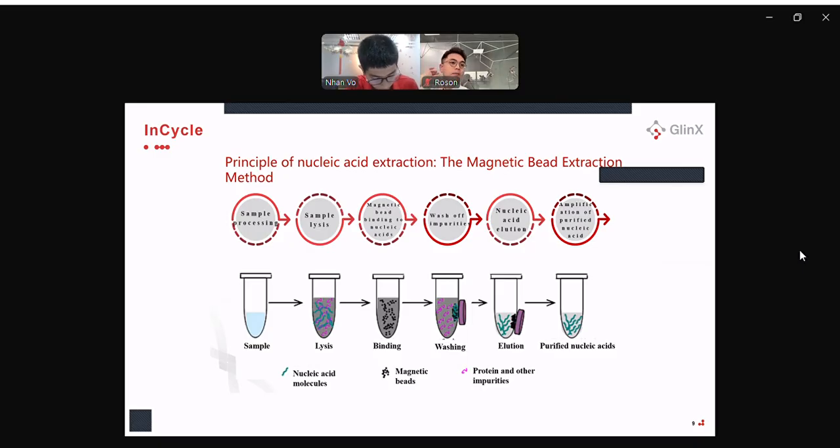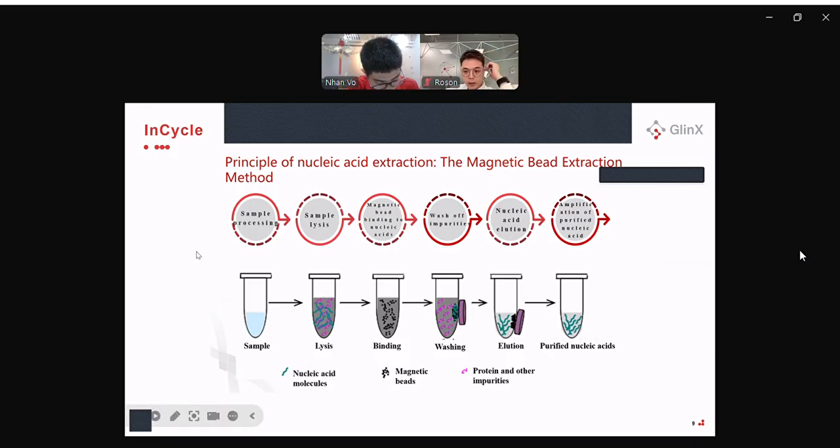And so, as you know, the Incycle machine uses the magnetic beads method for nucleic acids extraction and purification, and we can review the whole process. When we conduct a nucleic acid test, the first step is we collect samples from the animal body, right?